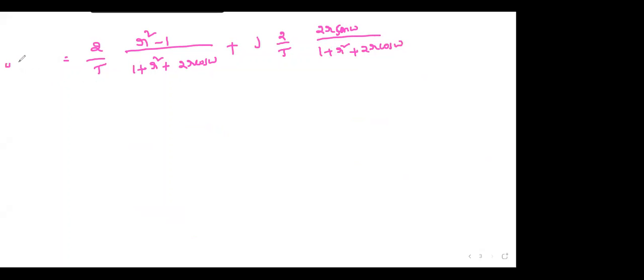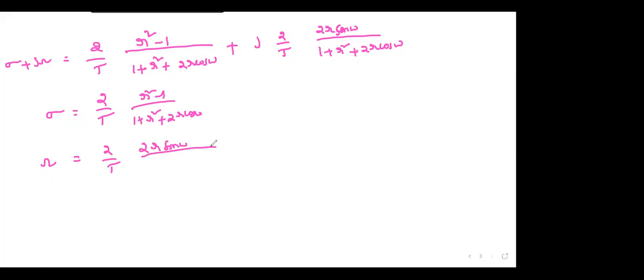Now we have the real and imaginary parts separated. Therefore, sigma is equal to 2 by t into r square minus 1 by 1 plus r square plus 2r cos omega, and omega is equal to 2 by t into 2r sin omega divided by 1 plus r square plus 2r cos omega.